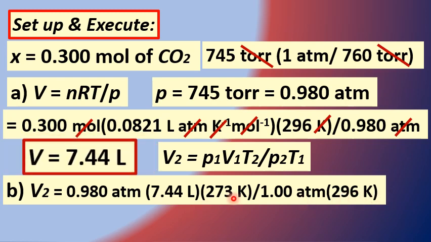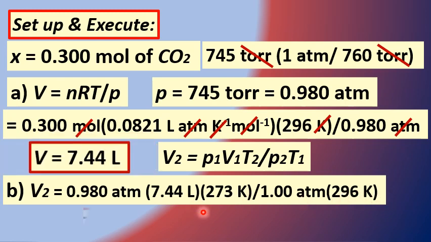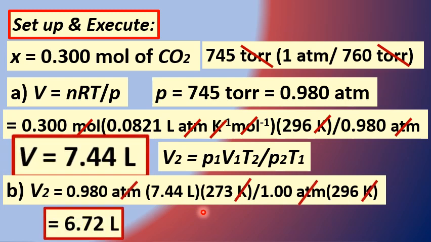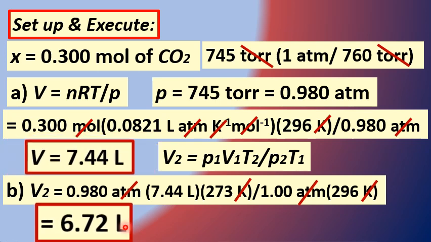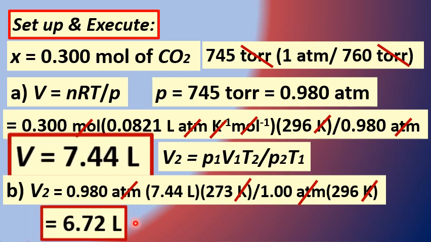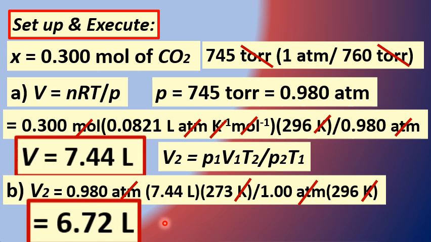So finally, doing our math, we will get the new volume V sub 2 equal to 6.72 liters, also in three significant figures.